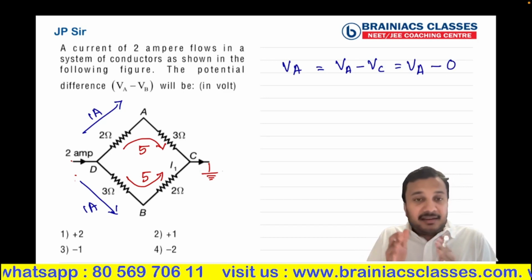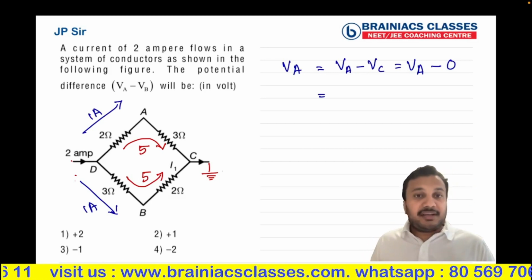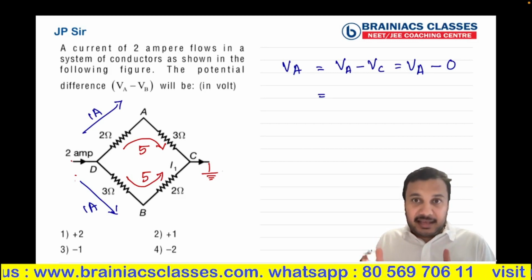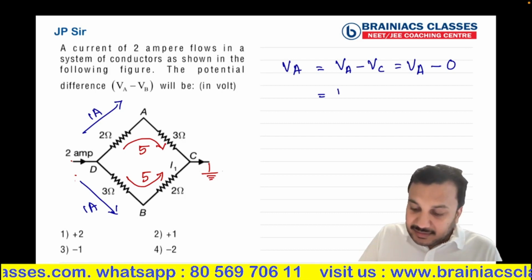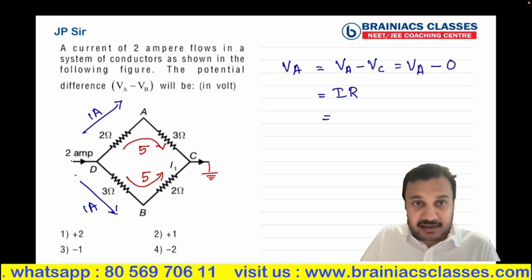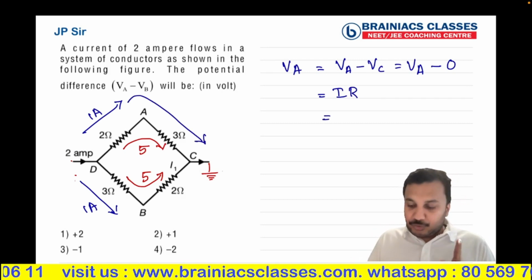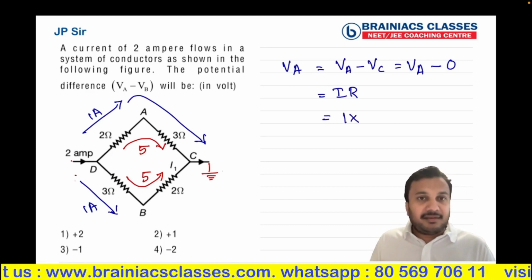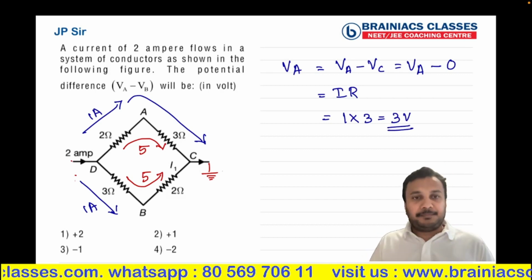So we need to find the voltage at A, between A and C. What is the current passing? That is the current through the resistor. What is the current flowing from A to C? 1 ampere current is flowing here. So current is 1 ampere and resistance is 3 ohm. Answer is 3 volt. Done.